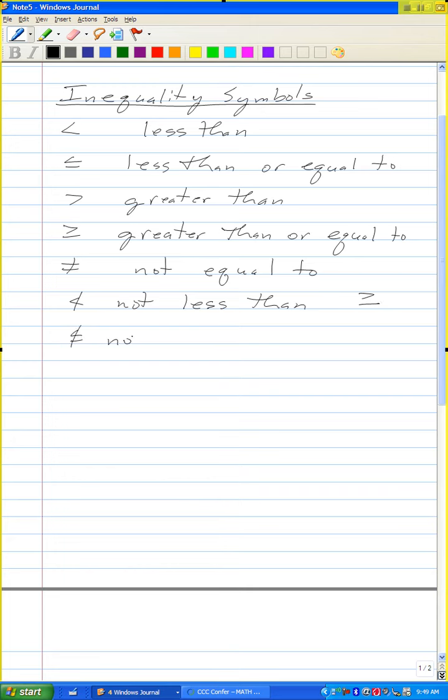Not less than or equal to, which is the same as greater than. Not greater than, same as less than or equal to.